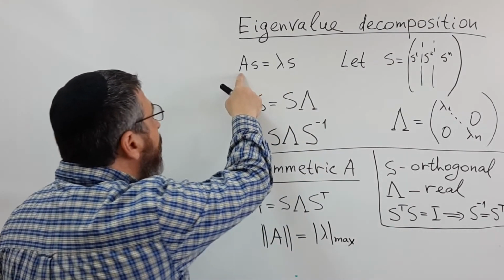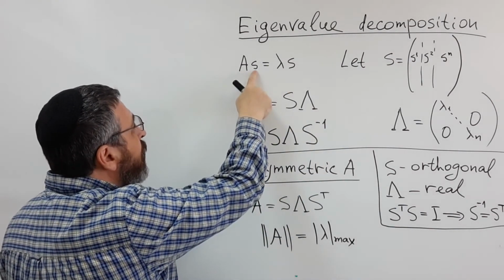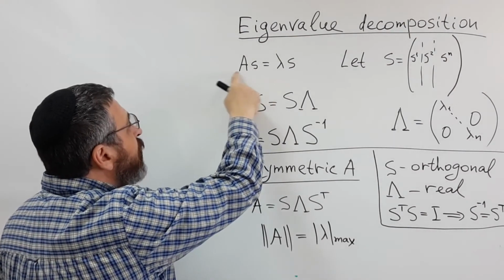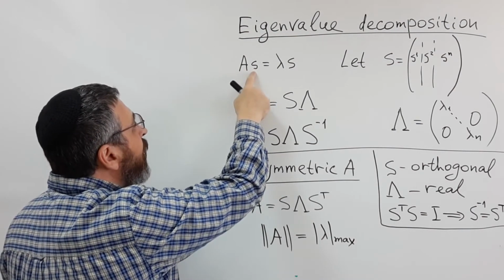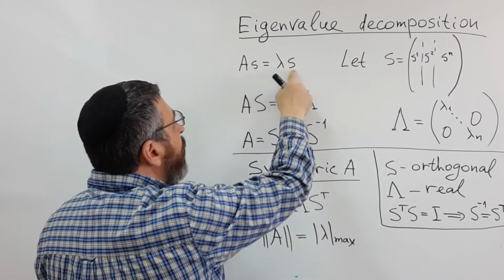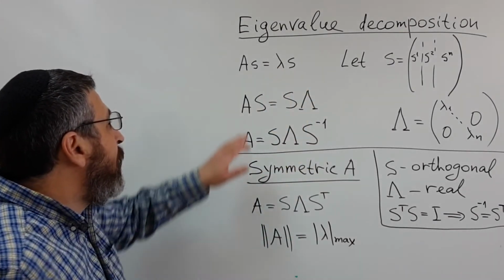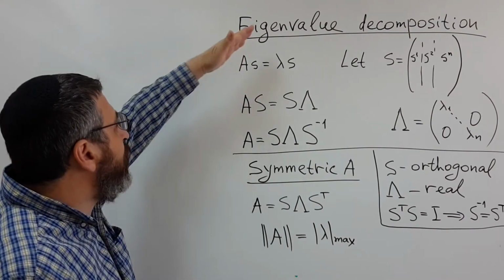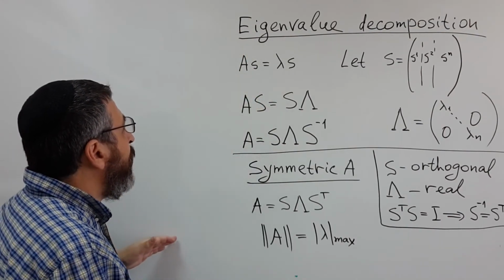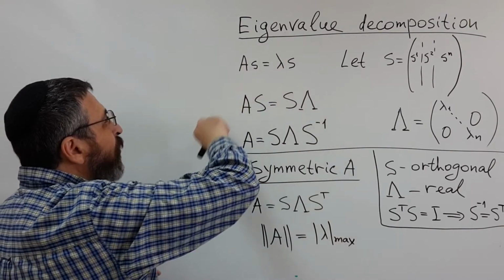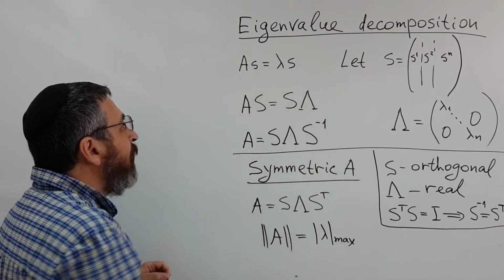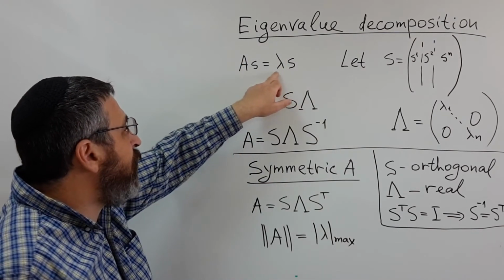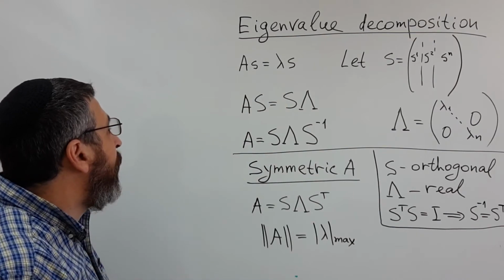We have a matrix A, and suppose there exists a vector S such that AS is some number multiplied by S. In this case, A doesn't change the direction of the vector, maybe only flips it to the opposite direction along the same line. It only changes its amplitude.